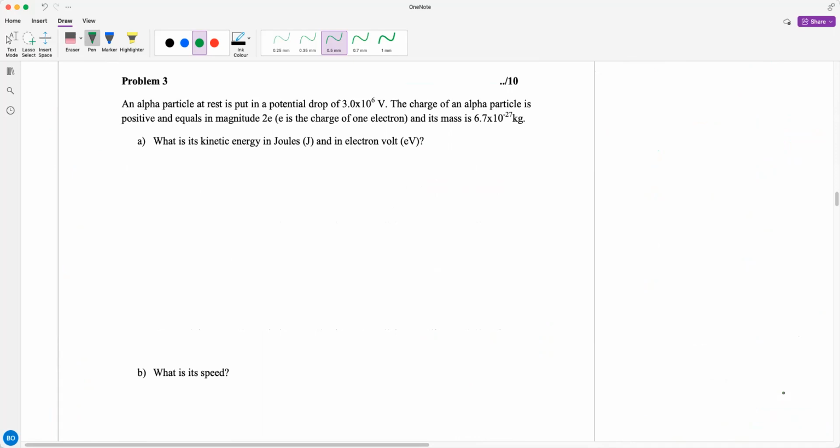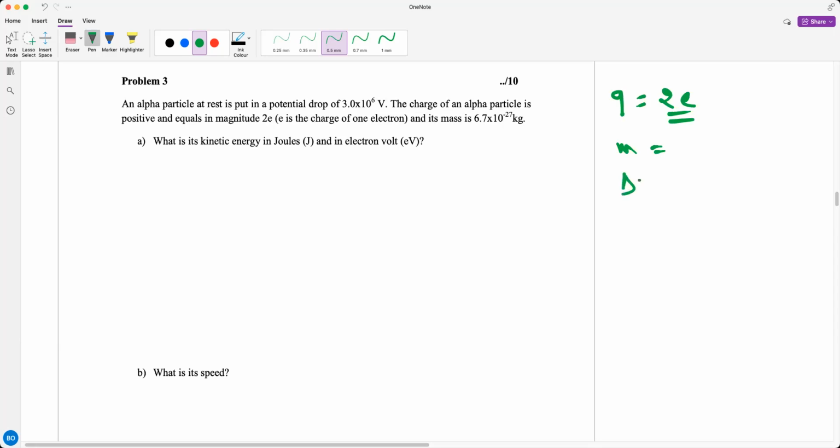An alpha particle at rest is put in a potential drop, which means a potential difference, and the charge of an alpha particle is positive and equals 2e, where e is the charge of the electron. Now, remember, we have a charge that is equal to 2 times the charge of the electron, and the mass of the alpha particle is given.